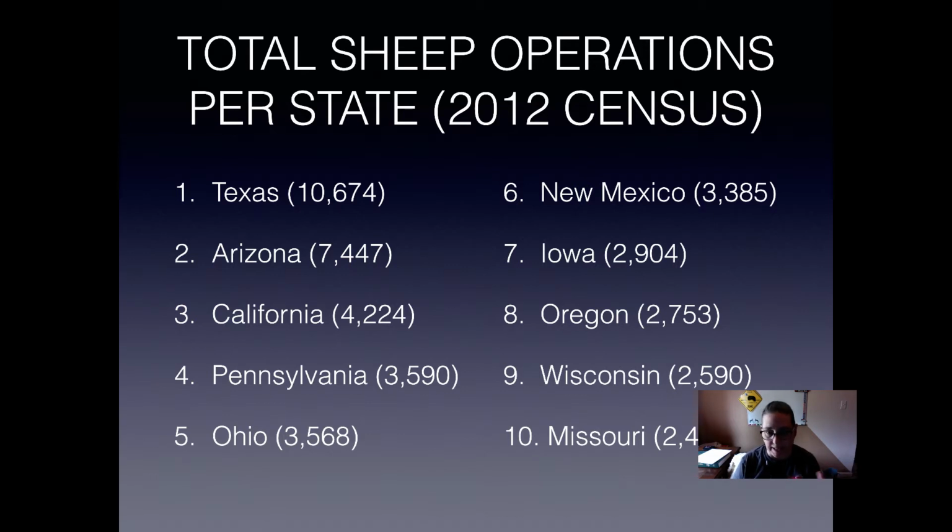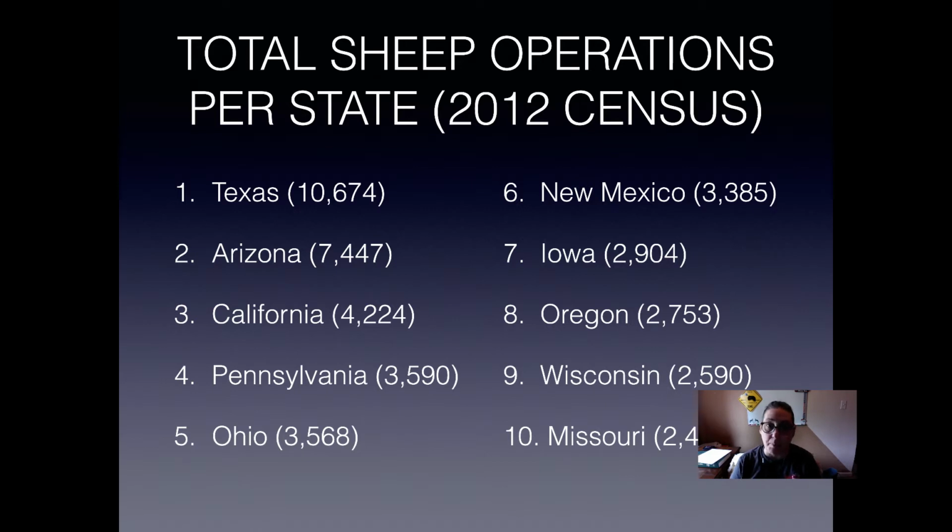Texas seems to always have the most numbers of anything in a lot of ways. But it's Texas, Arizona, and California. From there, we start to see some of the eastern states and midwestern states intermix with the western U.S. We finish out with Pennsylvania, Ohio, New Mexico, Iowa, Oregon, Wisconsin, and Missouri.